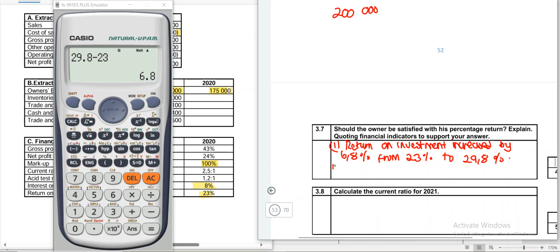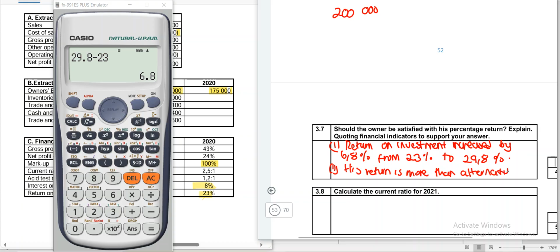And then for the second part, we can just say that his return is more than alternative investment.